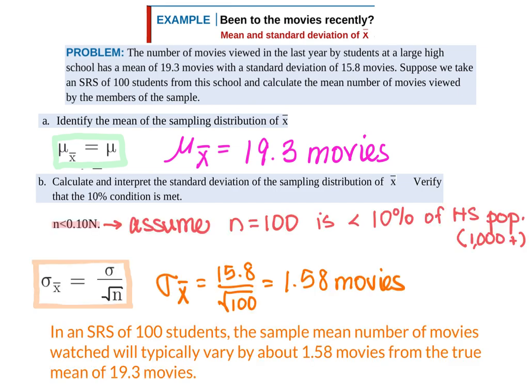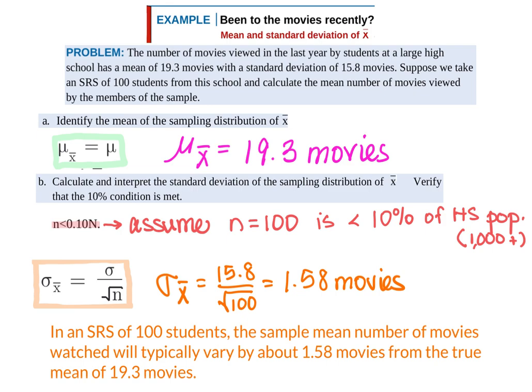The first thing that I'm going to do is try to make sense of that 10% condition. We don't know the exact number of students in the entire population at that large high school, but we're going to have to assume that 100 is less than 10%. And that population has to be greater than 1,000 students, which, if you know anything about large high schools, is not hard to do.